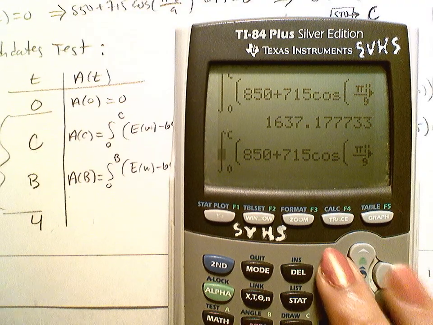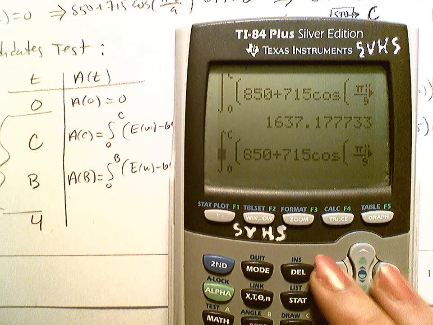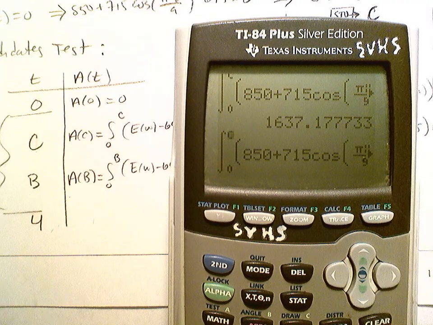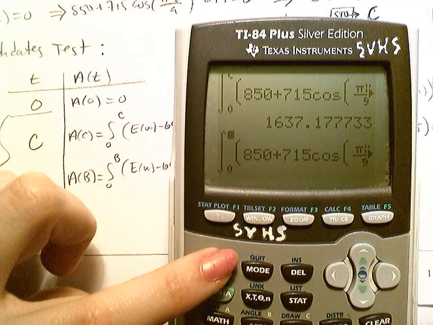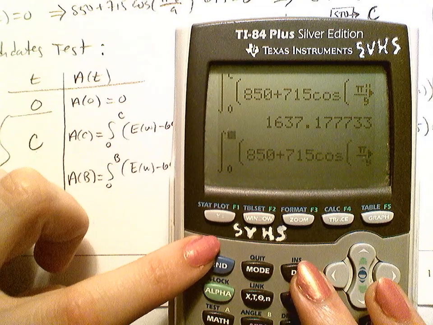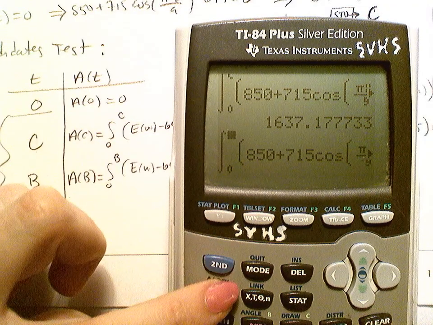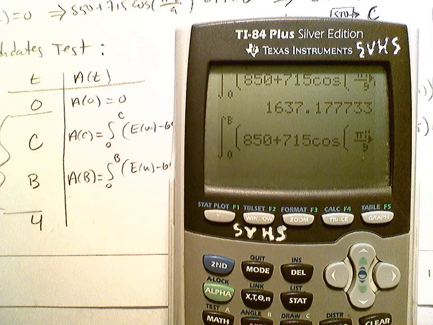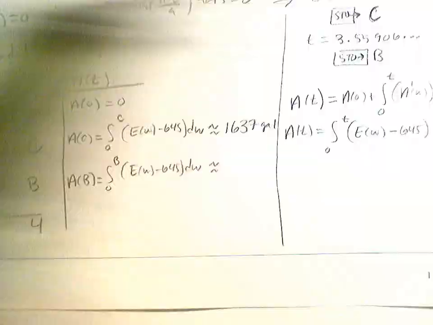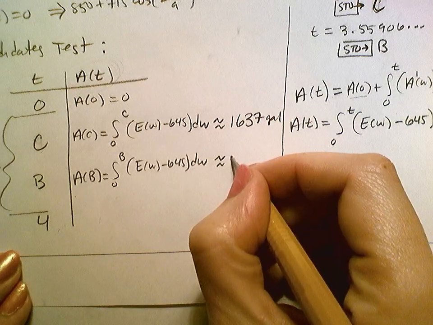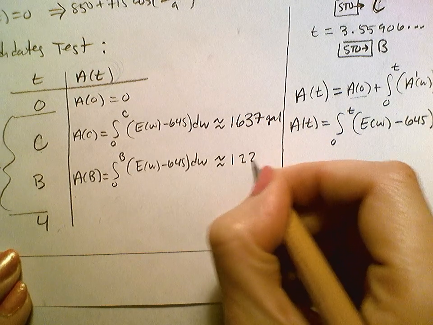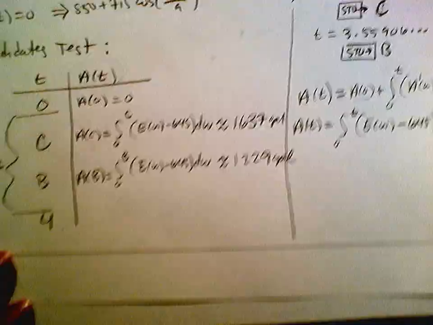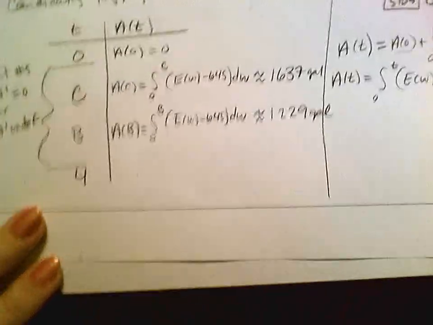There we go. Okay, so I'll delete that and put B. Okay. And then this is 1229 gallons.